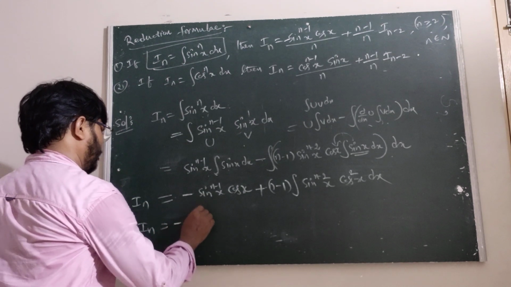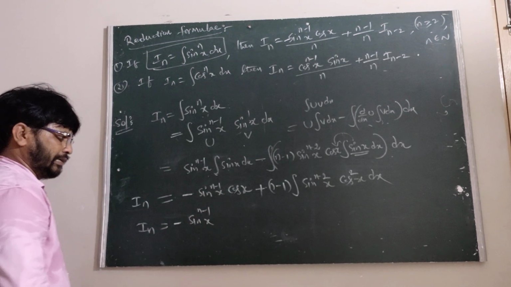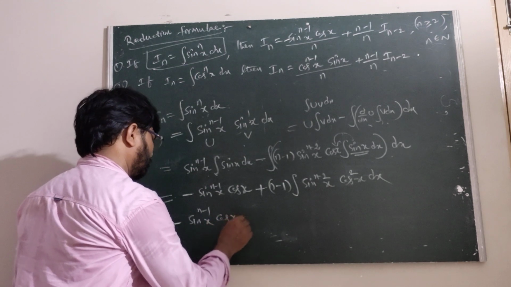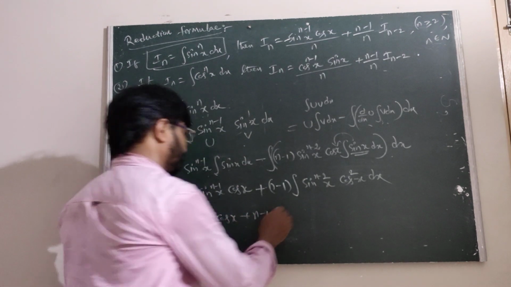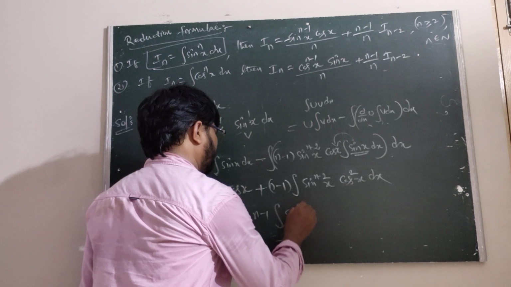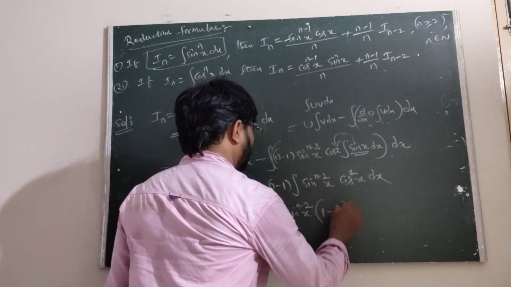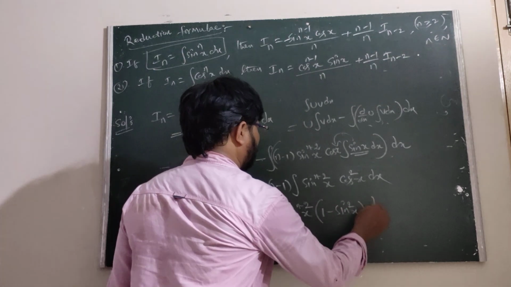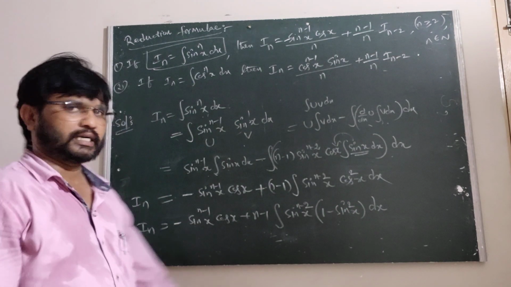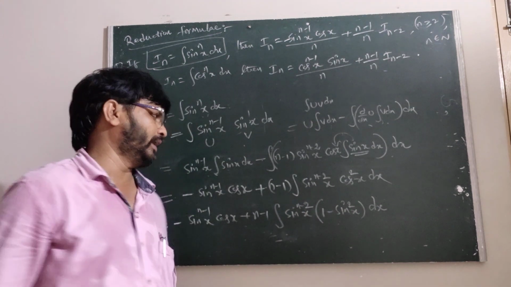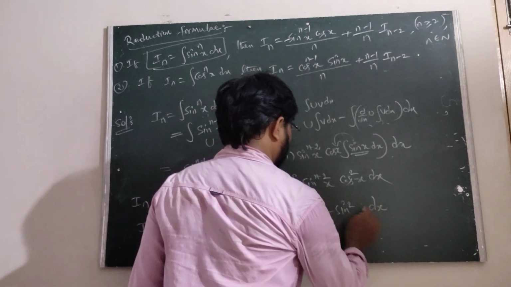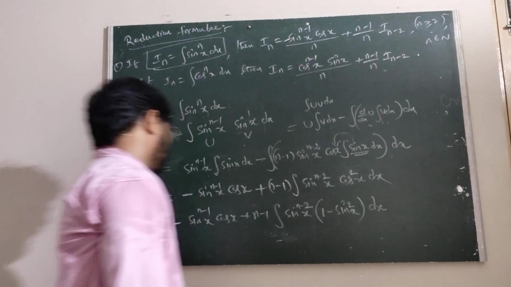The next step is we can write I_n equals minus sin^(n-1) x into cos x plus (n-1) sin^(n-2) x, cos square x is 1 minus sin square x into dx. Is it clear? The cos square x is 1 minus sin square x.